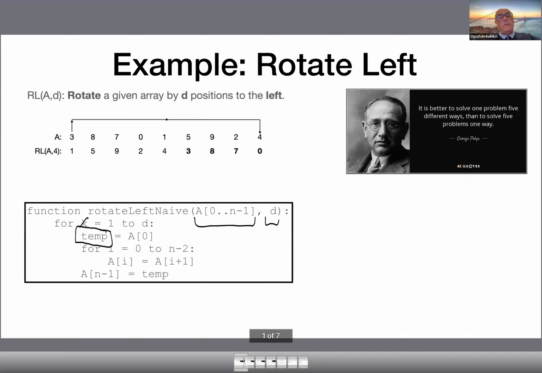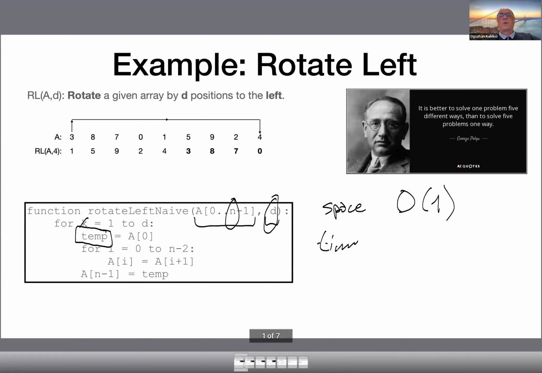In other words, this temporary location is just one cell in memory. It doesn't depend on what n is, and it doesn't depend on what d is. Since it doesn't depend on the input parameters, it is constant. So the space complexity is constant.